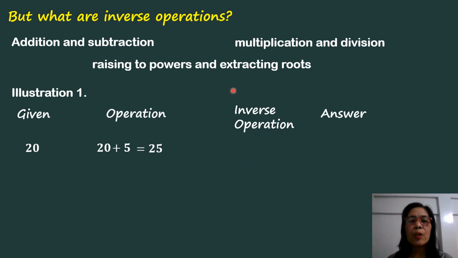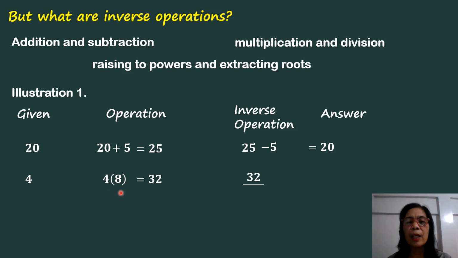Applying the inverse operation of addition, which is subtraction, from 25, if we subtract 5, it will give us back 20. Let us take another number, 4. If we multiply 4 by 8, it will give us 32. The inverse operation of multiplication is division. So if we divide 32 by 8, it will give us back 4.